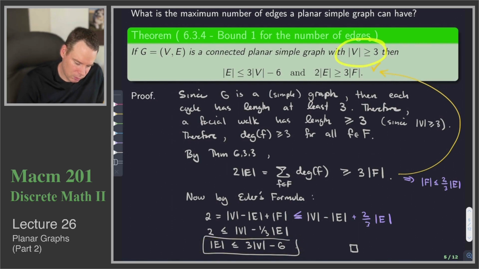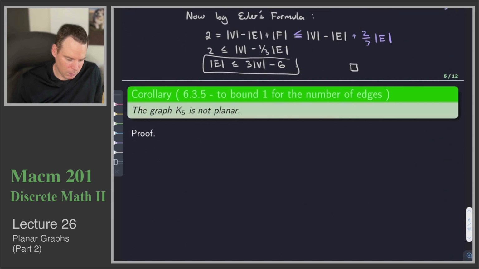And that's in the case where we have 3 or more vertices in our graph. So what this is telling us, the takeaway from this is, if a graph is planar and it's got 3 or more vertices, then it can't have too many edges. The number of edges cannot exceed 3 times the number of vertices minus 6. If it's got too many edges, it just can't be planar. We can't fit it in the plane.